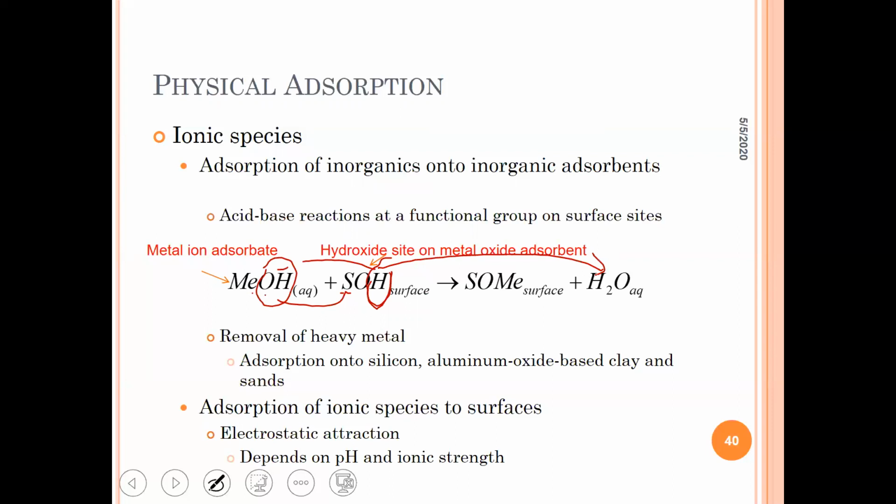In this way, the metal will be attached on the surface. This adsorption will happen, and metal can be removed from water. Examples are adsorption onto silicon, aluminum oxide based clay, and sand. If we use this kind of adsorbent, we can remove heavy metal.